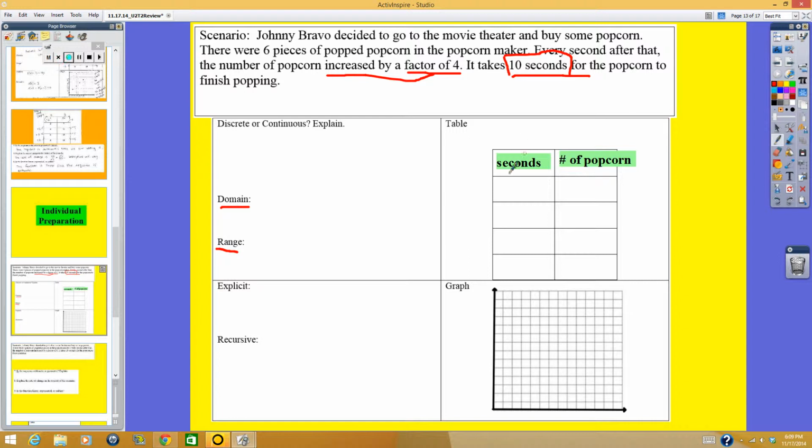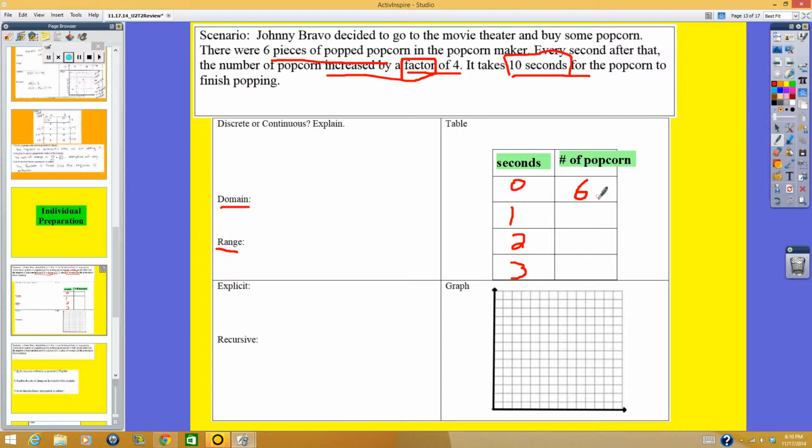Alright, so we always start off with 0 seconds. And I like to go up by 1, personally. At the beginning, when it was 0 seconds, I said that there were 6 pieces of popcorn, so it's 6. It increased by a factor of 4, which means times 4, because this word factor is there.